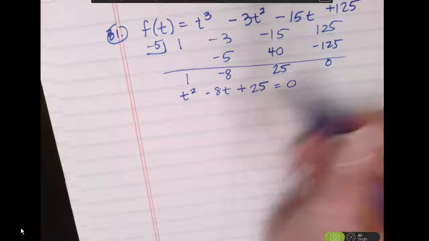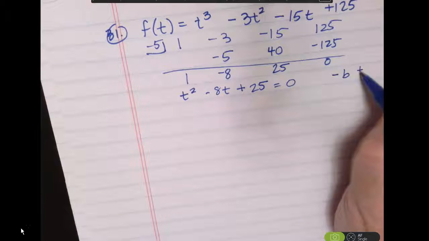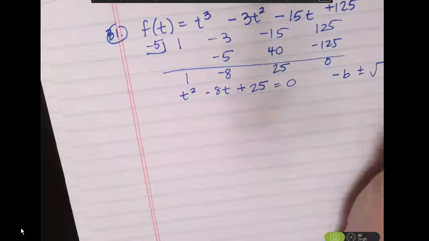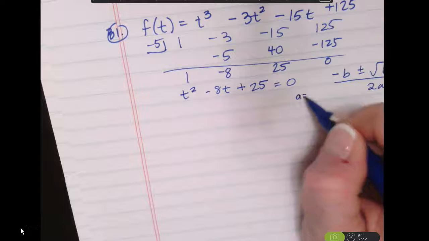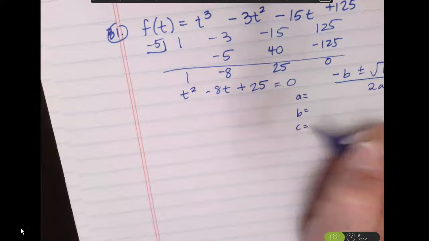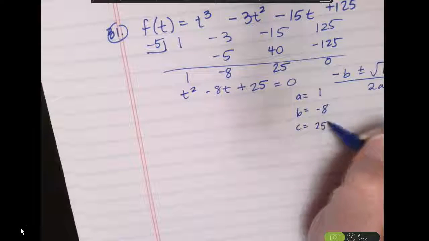So now I'm just going to use the quadratic formula. So that, if you remember, is negative b plus or minus square root of b squared minus 4ac all over 2a. So I like to list out a, b, and c. A is 1, b is -8, c is positive 25.